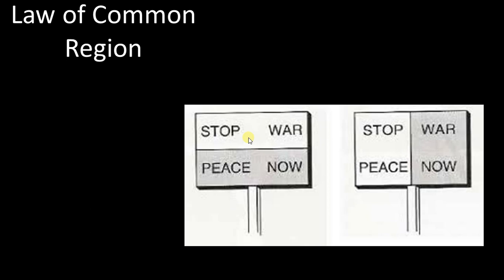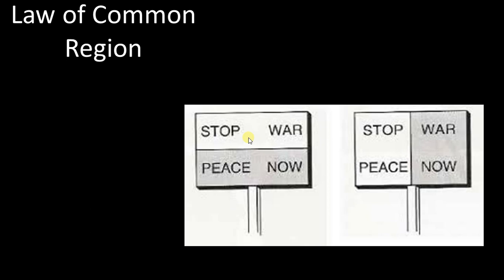The brown colored background, the ash colored background, and the white colored background. So we always take stop war together because they are written in the white background, and peace now.